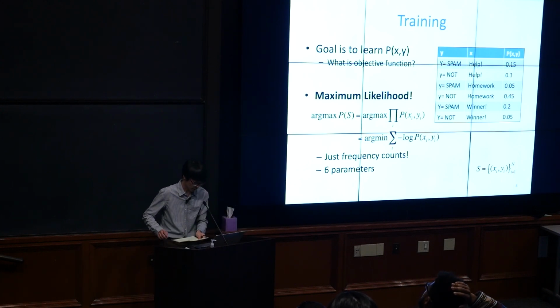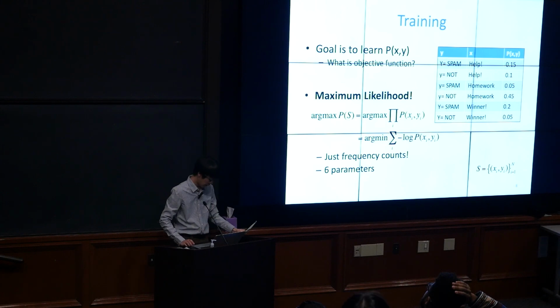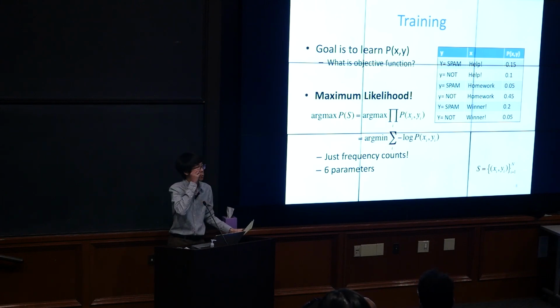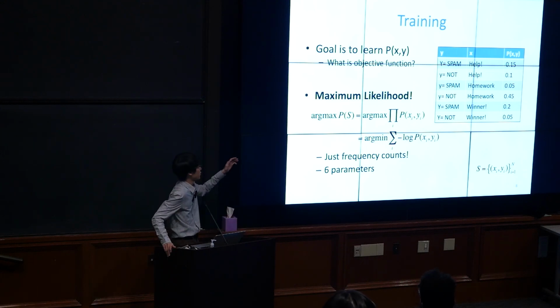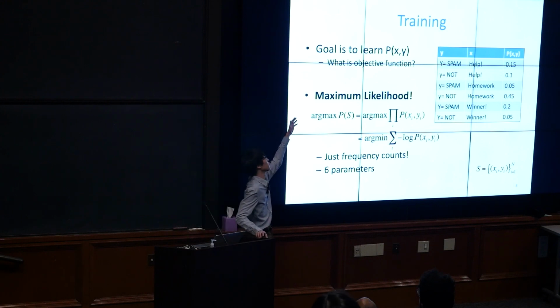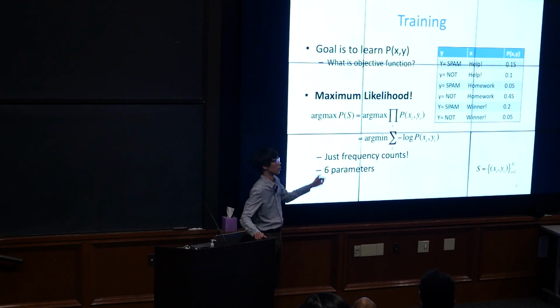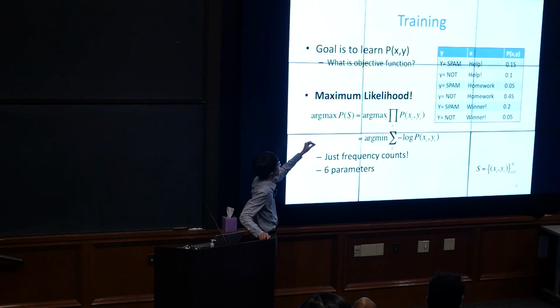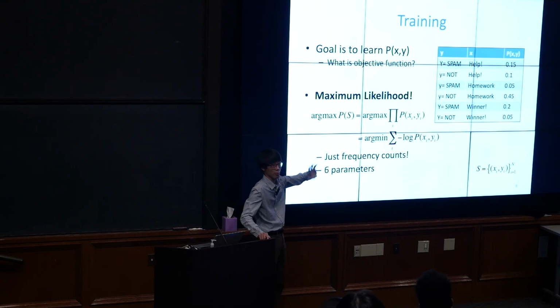It turns out that the ideal way of doing this is just to do frequency counts. Given some data set of X and Y pairs, the solution for maximizing this likelihood is just to count how many times each pair occurs. You can imagine in some data set we have pairs of help, homework, and winner, and spam or not.